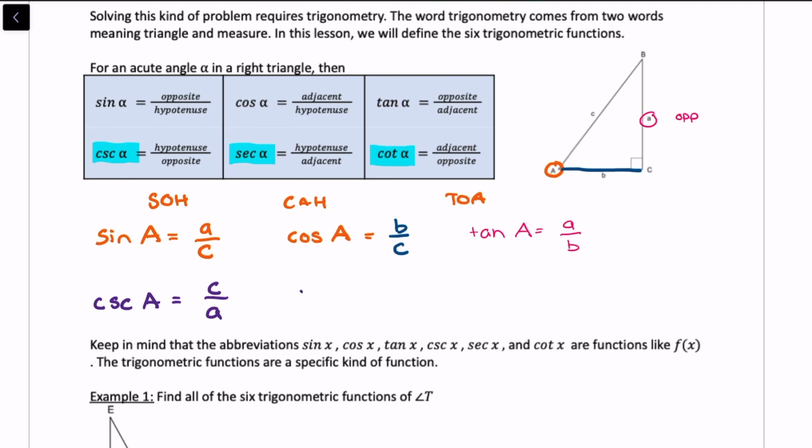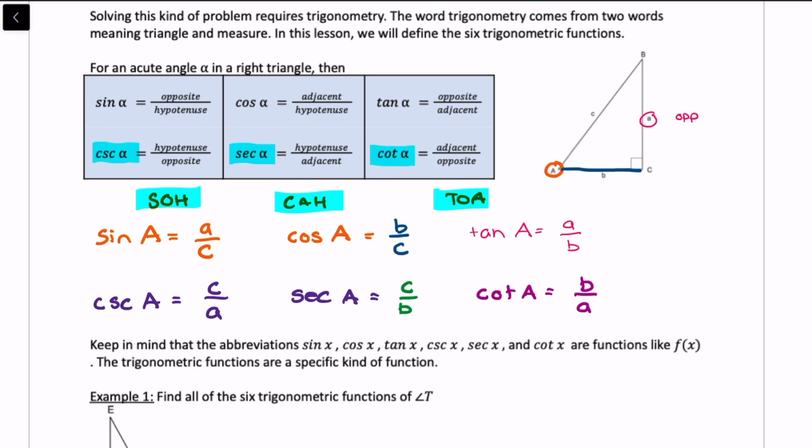The secant of angle A is just going to be the reciprocal, here, C over B. And the cotangent of angle A is just going to be the reciprocal, which is B over A. So using SOH CAH TOA helps us find sine, cosine, tangent, and then cosecant, secant, and cotangent.